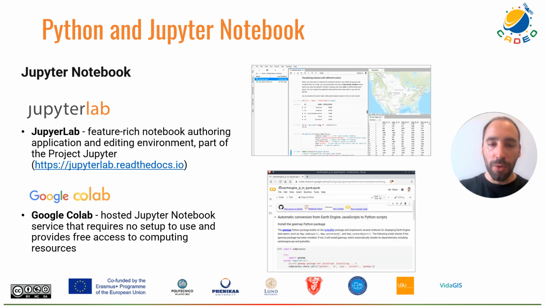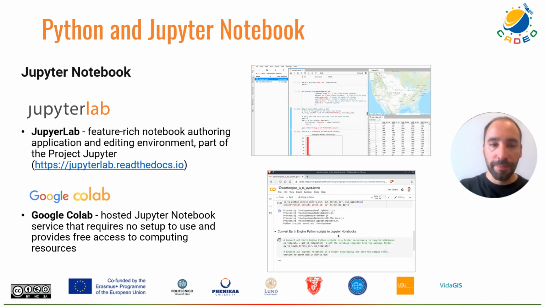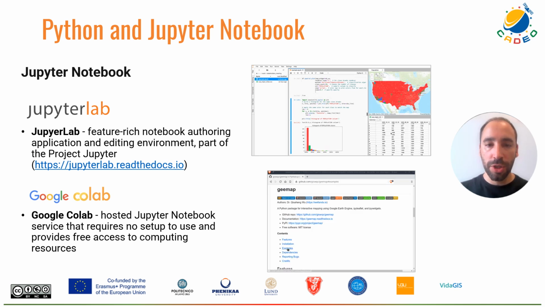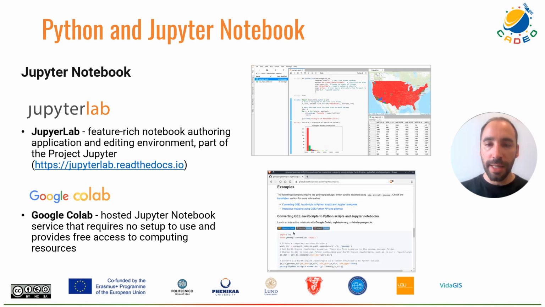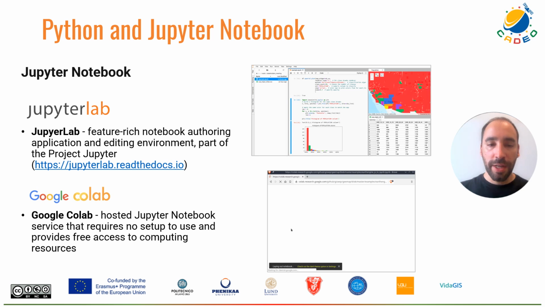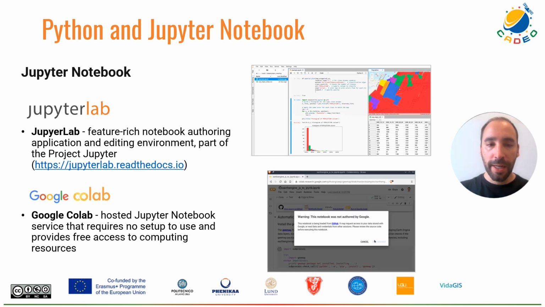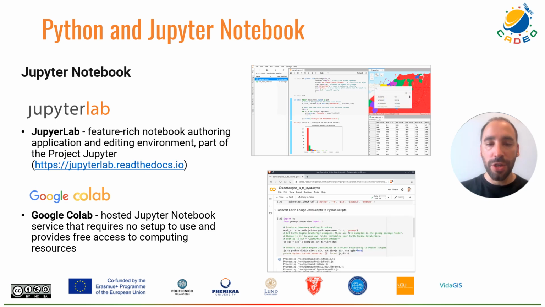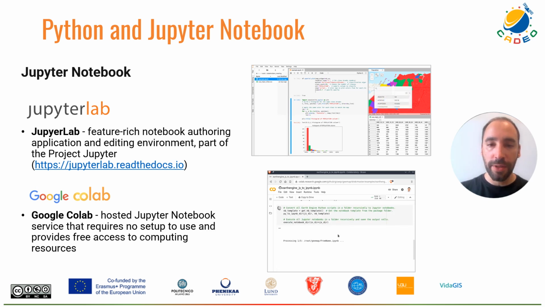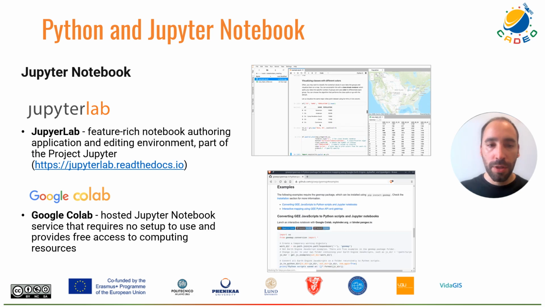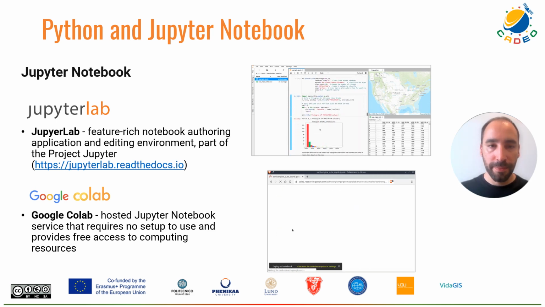You can find more at the link provided in the slide. Google Colab, instead, is a hosted Jupyter Notebook service that requires no setup to be used. It provides free access to computing resources, including GPUs, making it an excellent option for running computationally intensive tasks. Google Colab is especially useful for collaborative work and sharing notebooks easily.